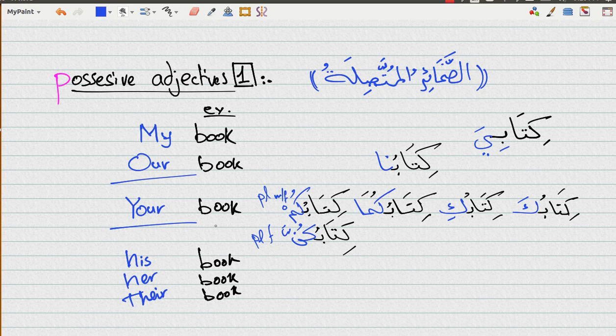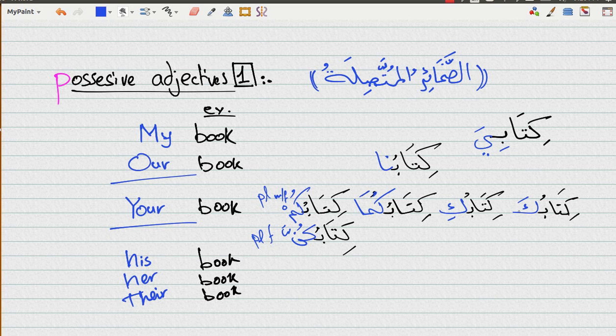Notice one thing: whenever we're talking about you, your, the pronoun that is attached to the word starts with a ka. In all the cases, ka, and then it goes ka, ki, kuma, kum, kunna. Kitabuka, your book. Kitabuki, your book, but for feminine.